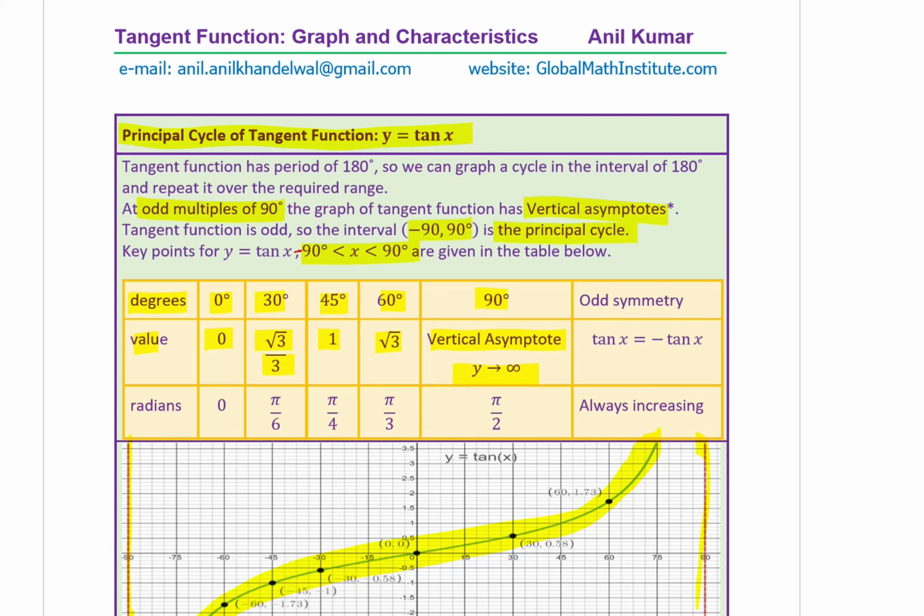Let me write this from 90 from the left side. Okay. Now, since it has odd symmetry, you can also find the values for negative 0, negative 30, negative 45, negative 60, and negative 90. Now, approaching that negative 90 from the right side, correct?